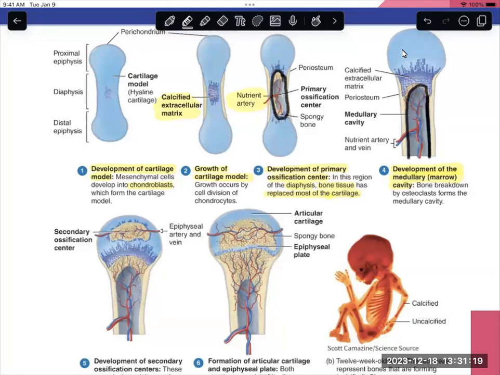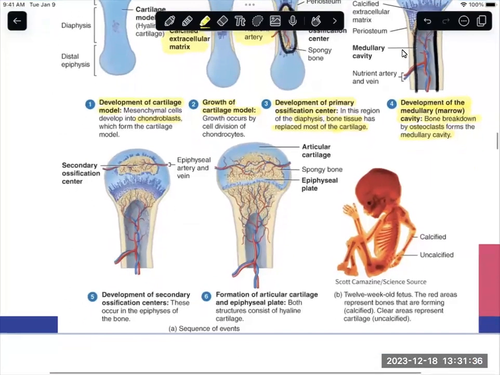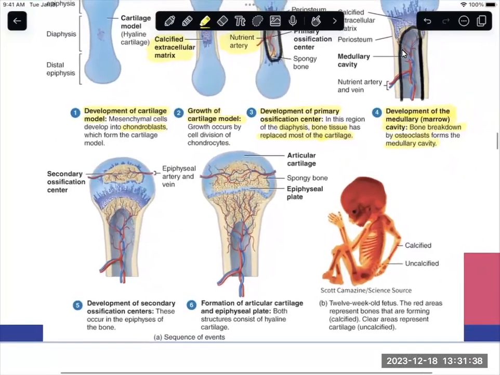That's what's formed in all long bones. So we're going to break down any bone tissue that is in that area with osteoclasts to form that hollow cavity in the middle. Okay, now we've got the shaft, or that diaphysis, of our long bones.